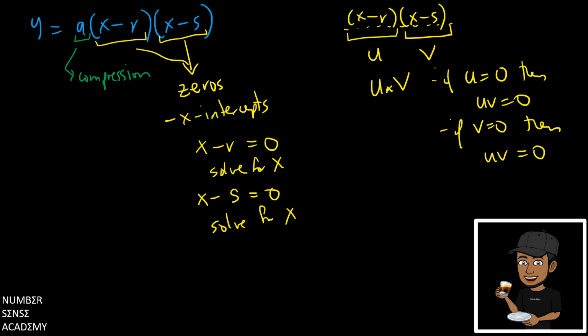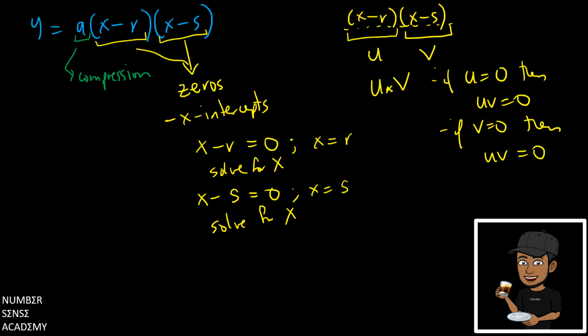Depending on if there's a constant in front of the x, it will change how you solve this, because then you have to do a bit of division. But if it's really easy, then sometimes x is just equal to r, and in this case x will just be equal to s.